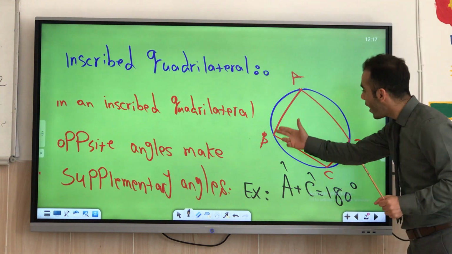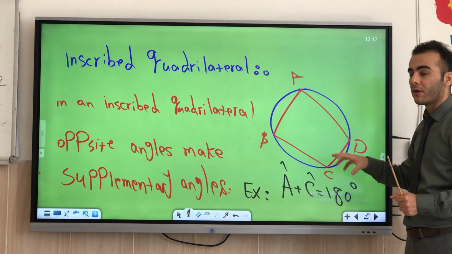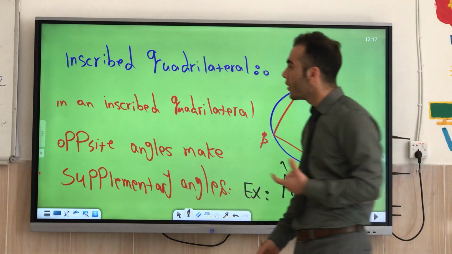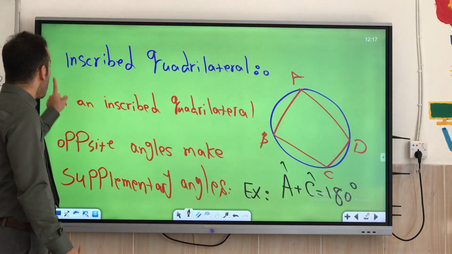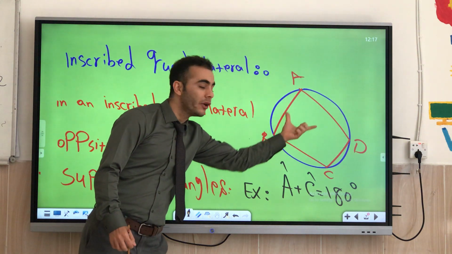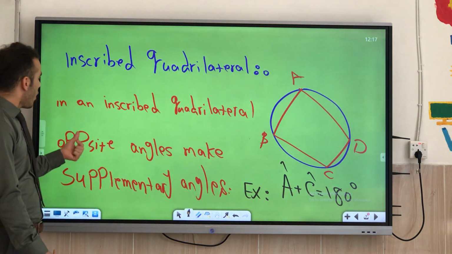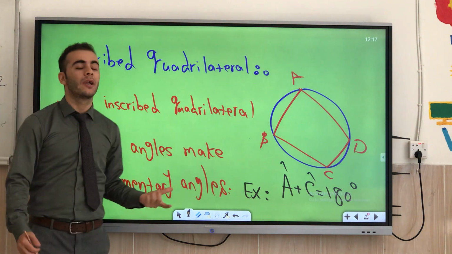As you can see, our quadrilateral is exactly inside the circle. There is a special point regarding inscribed quadrilaterals: when we have these kinds of figures, opposite angles make supplementary angles.